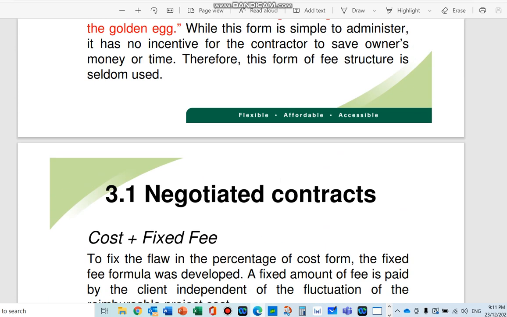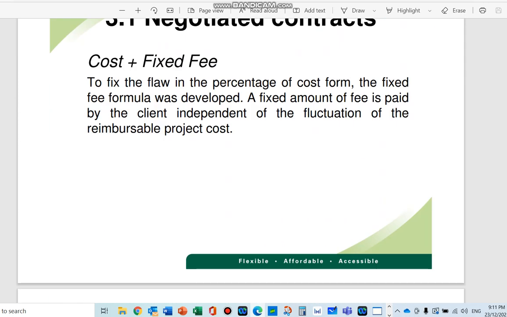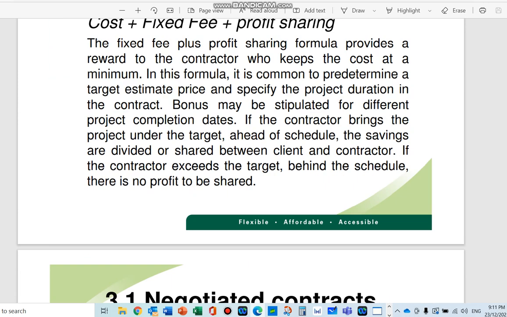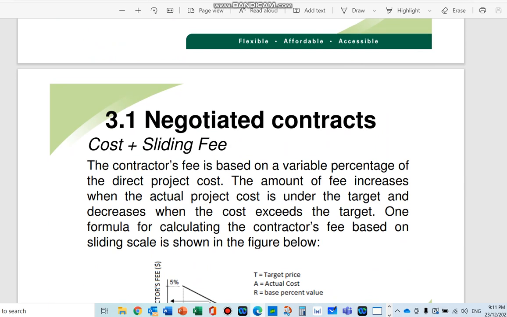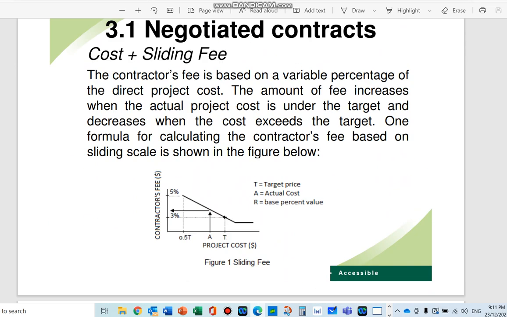So the top bit here is more on the cost plus, the typical reimbursable. And this is the combination whereby you have profit sharing or sliding fees, whereby if the cost is here, and then if you can reduce it to your target, okay, this is the target incentive that I was talking about.